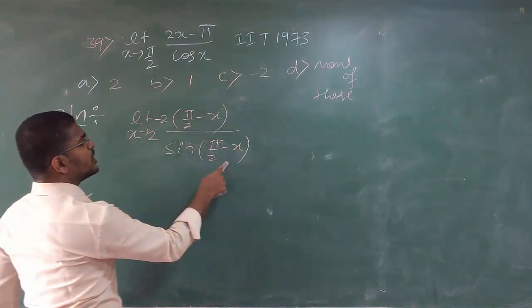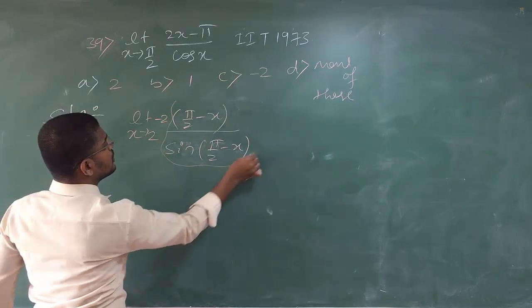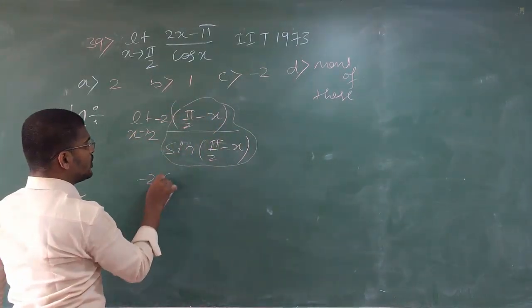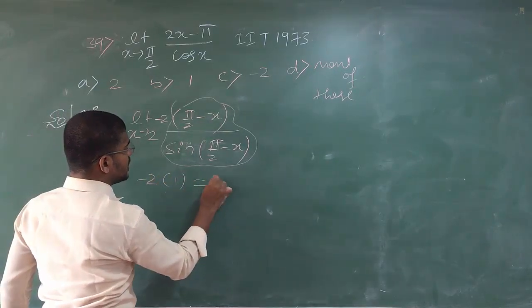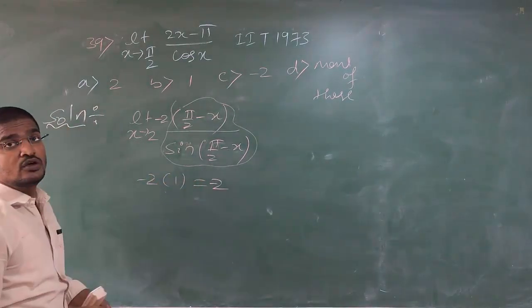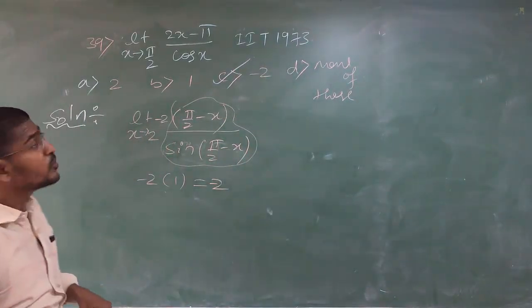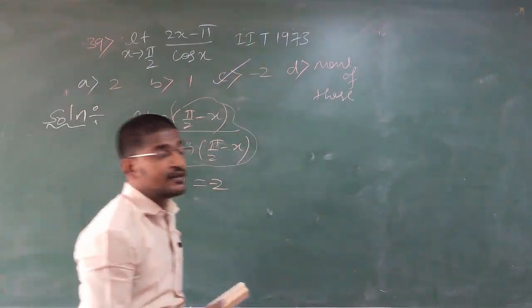So sine of pi by 2 minus x divided by this term, limit x tending to pi by 2, will be equal to 1. So minus 2 into 1 is minus 2. So your answer will be minus 2 for problem number 39.